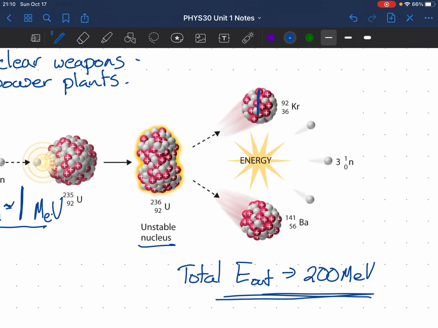For this guy and this guy, 1 and 2 have a total of about 169 mega electron volts of kinetic energy.